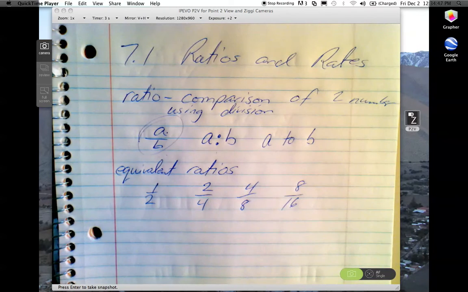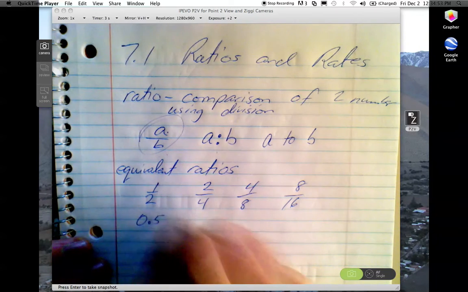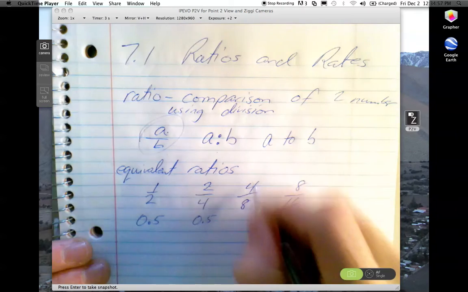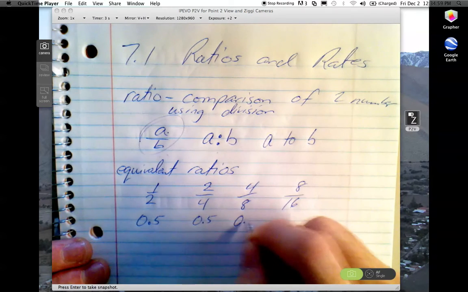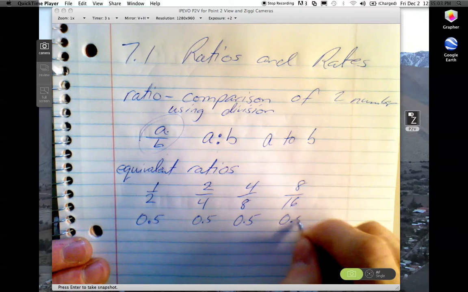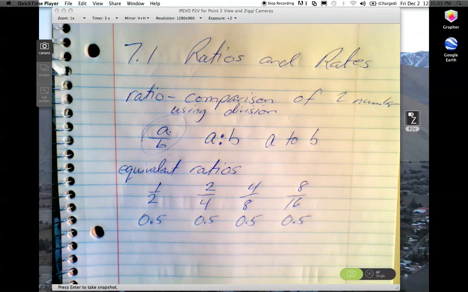All these are equivalent ratios because if we were to actually divide all these out, 1 divided by 2 is 0.5. 2 divided by 4 is 0.5. 4 divided by 8 is 0.5. And 8 divided by 16 is 0.5. These are all considered equivalent ratios.